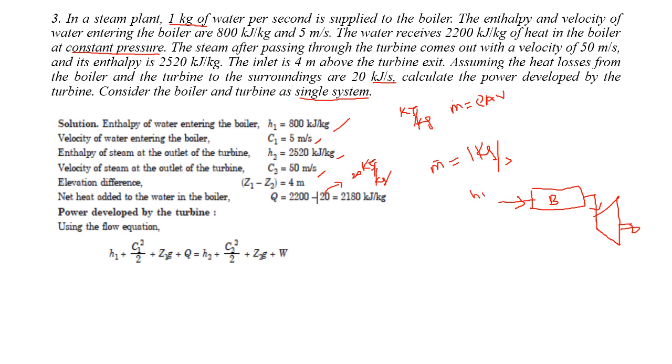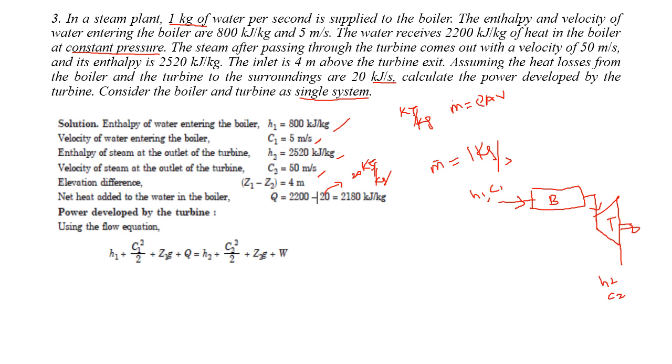Enthalpy values and C1 value, which means the enthalpy and velocity values at the inlet of boiler are given, right? So H2 and C2 values at the exit of turbine are given, right?